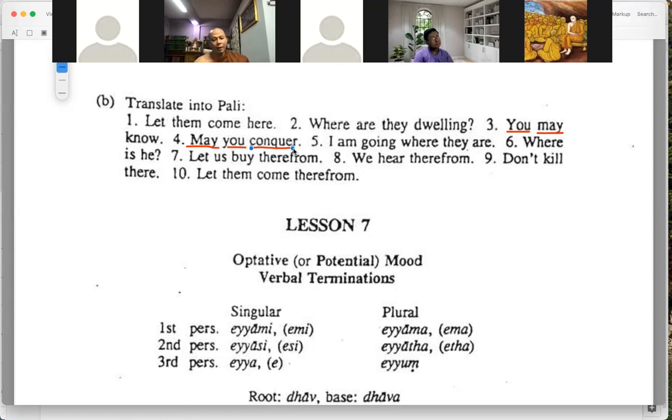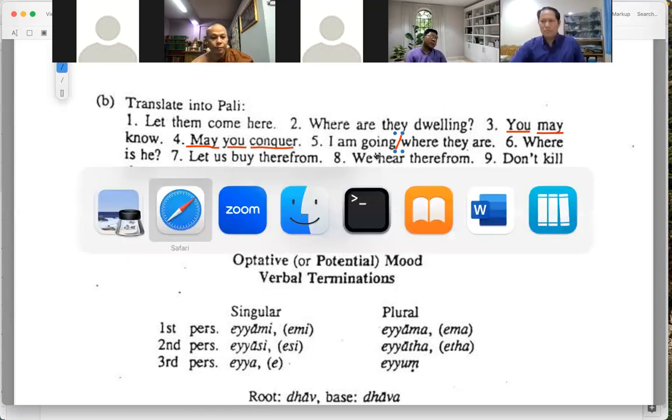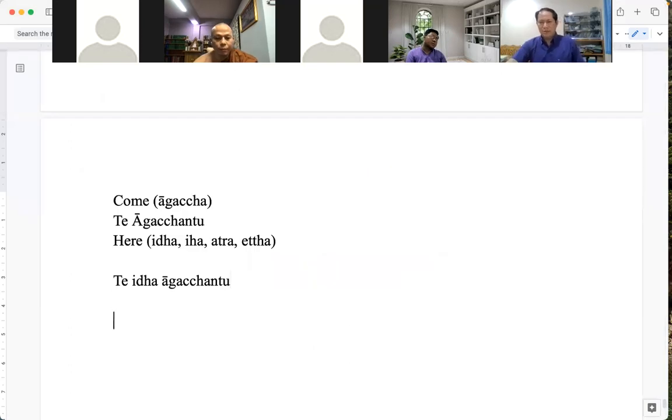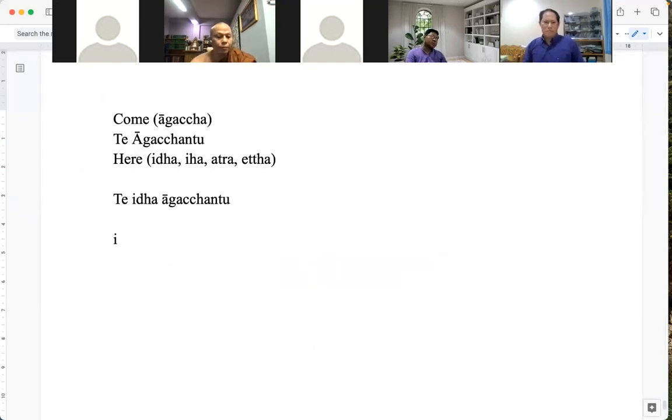And then number 5. Here you see two sentences: I am going where they are.